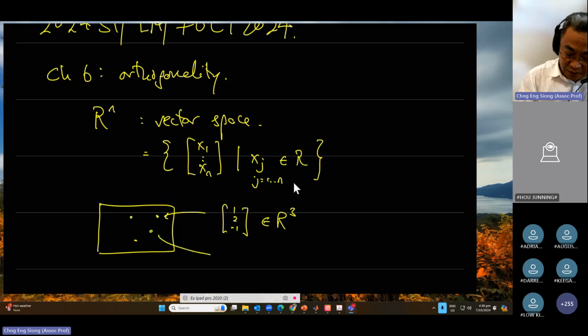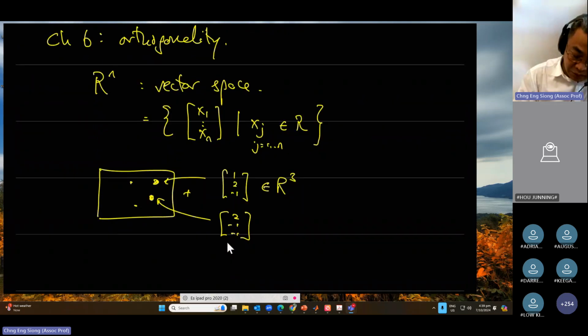And this guy belongs to another vector, maybe (2, -1, -1). And then, of course, now we can say this vector here and this vector here can be added together. So we have an operation of add, and then it will give you another new vector. And this vector is, of course, the addition of these two vectors, which is (1, 2, -1) plus (2, -1, -1), and gives you a new vector.